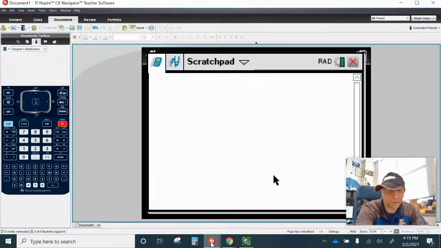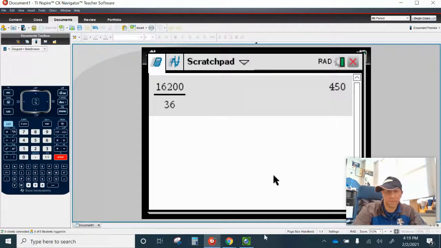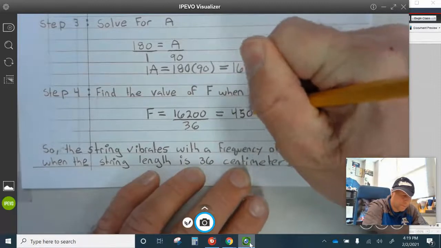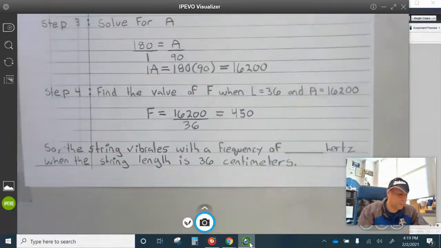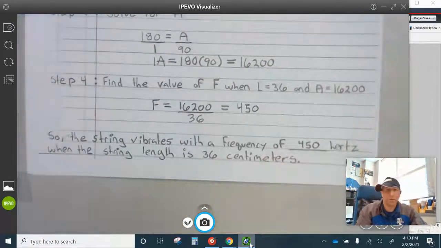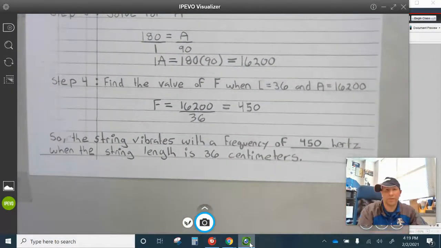So 16,200 divided by 36 is 450. So the string vibrates with a frequency of 450 hertz when the string's length is 36 centimeters. Okay, go ahead and finish up example 3.